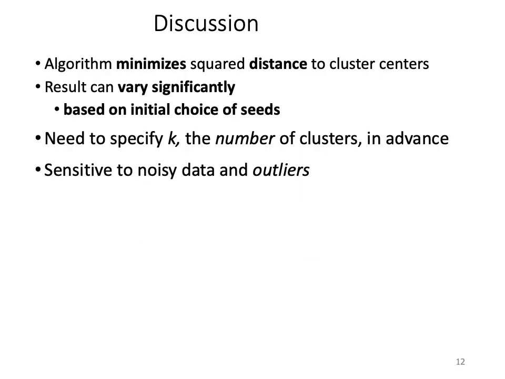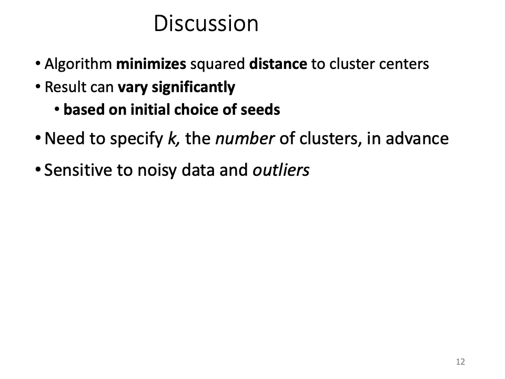So k-means clustering is an efficient algorithm. However, it suffers from some drawbacks. The first disadvantage is the fact that we have to randomly choose k, and it really varies and is very sensitive to that choice of the initial random cluster centers.